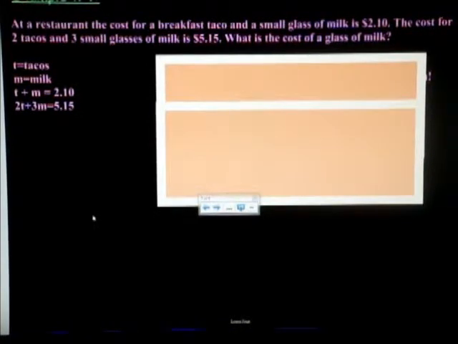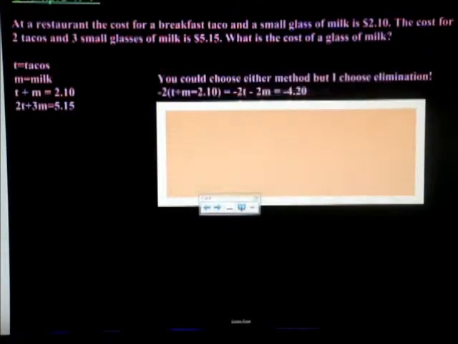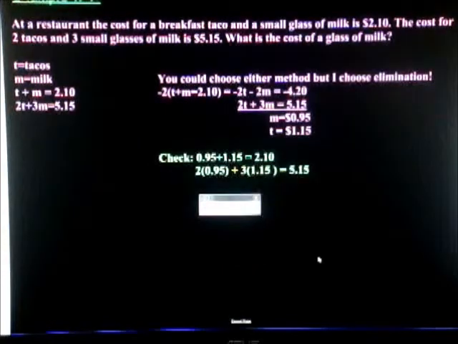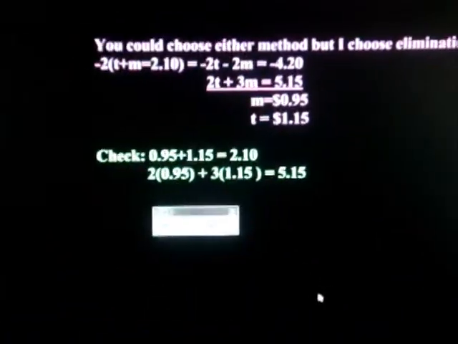In about 5 seconds, I'll show you my work. Zoom in a bit, sorry about that.